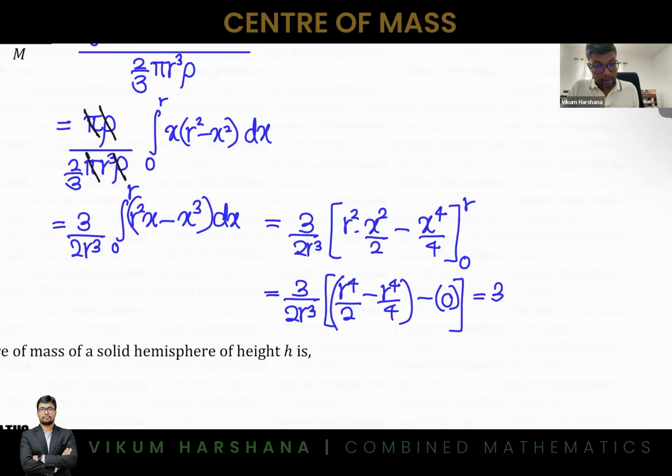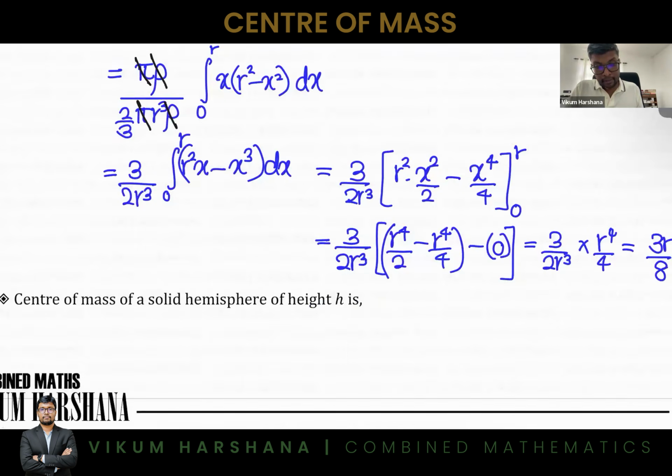It's a lengthy one, no? Okay. So 3 over 2r cube multiply r4 over 4. So when you cut everything down, you will get 3r over 8. Yes, that's the famous one, right?